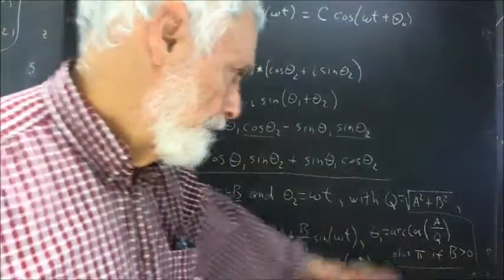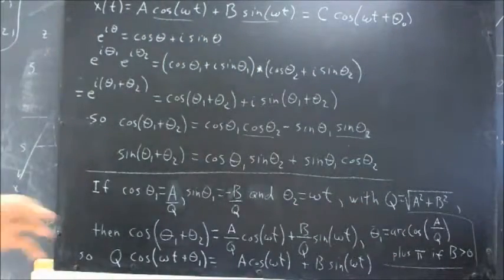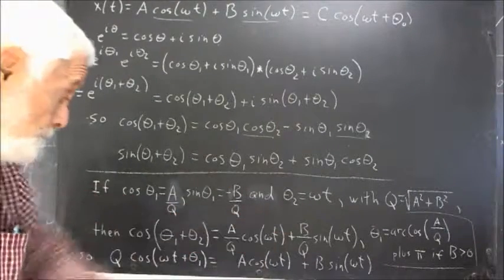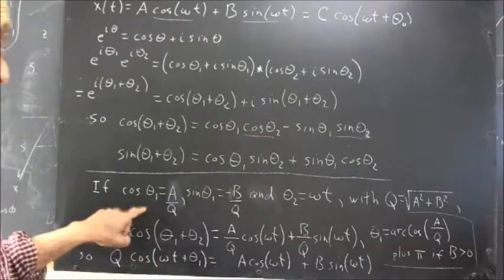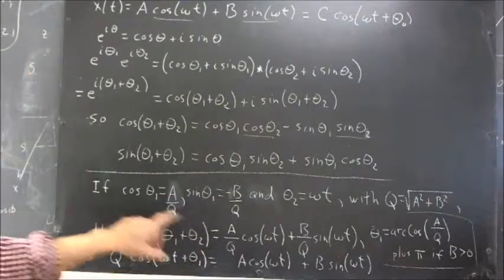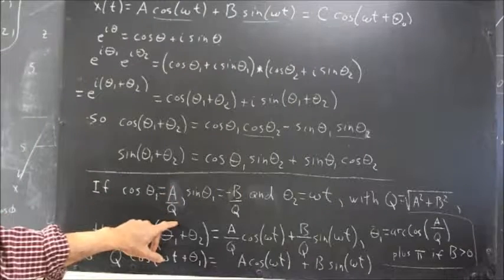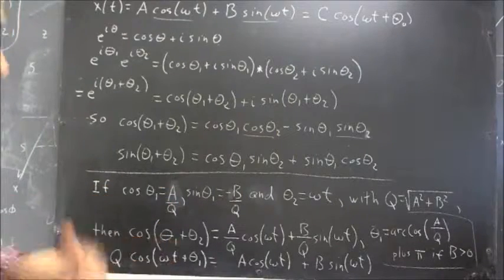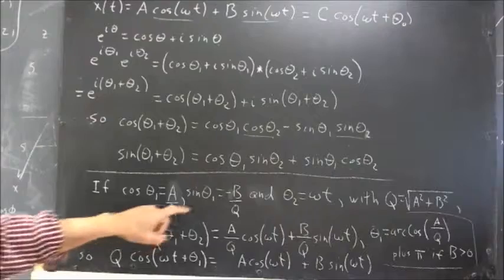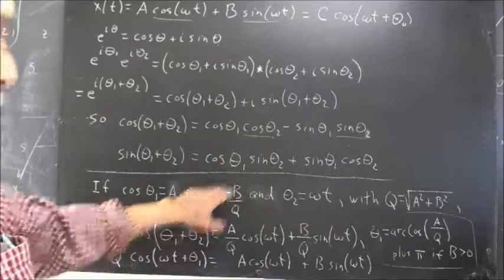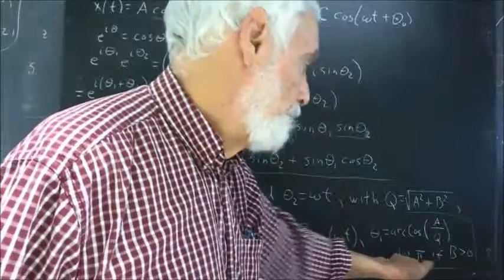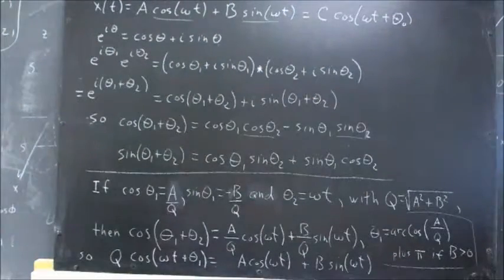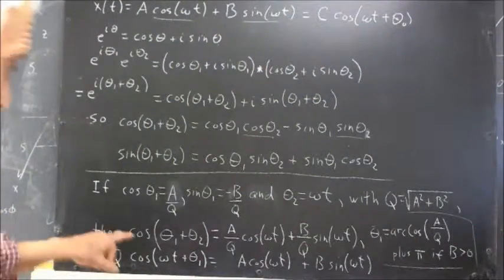So you can think about why that's so. That follows from this. Theta 1 must be the arc cosine of a over q, but that's only good up to 180 degree rotation. The sine of theta 1 equal to this tells you if you've got to add your 180 degrees or your pi radians. Okay, so what do we get?